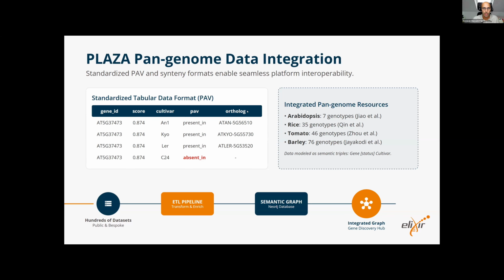Knetminer has capabilities and features to integrate tabular, OWL, and XML data into a knowledge graph using a specific ETL pipeline. So we can bring together hundreds of different data sets, transform them, and enrich them into a semantic graph. Our graph databases are based on Neo4j.